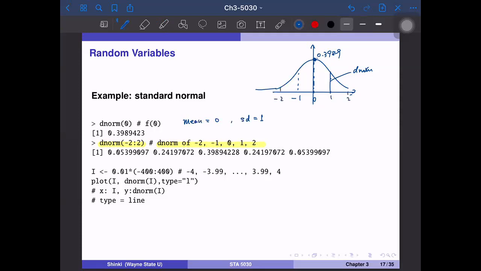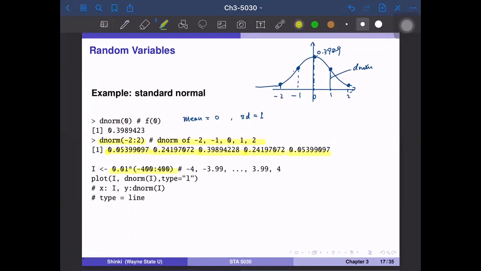So we have 5 values here, here, here, here, and here. So these numbers are 0.05, 0.24, 0.4, 0.24, 0.05.